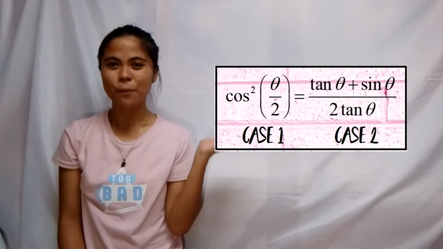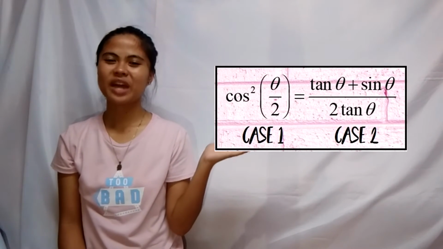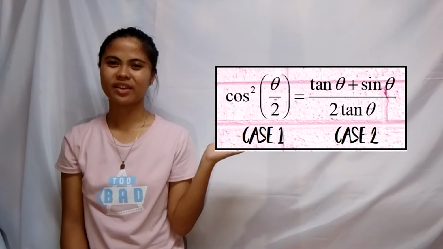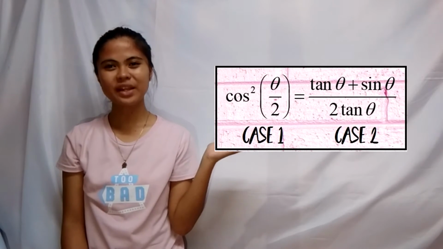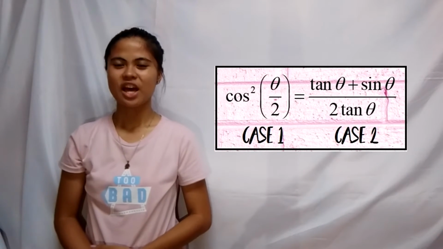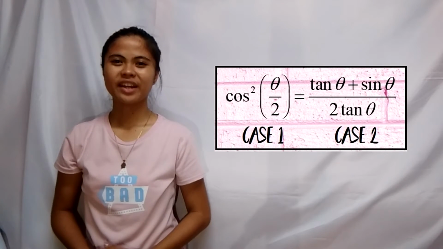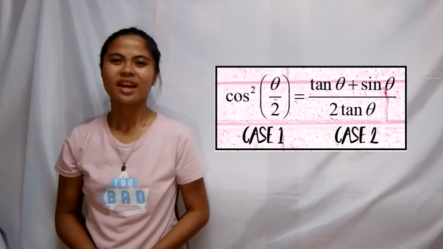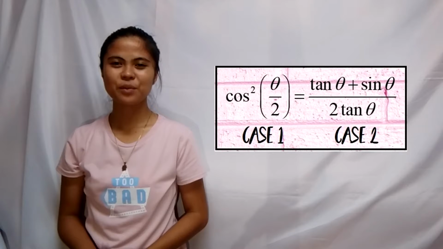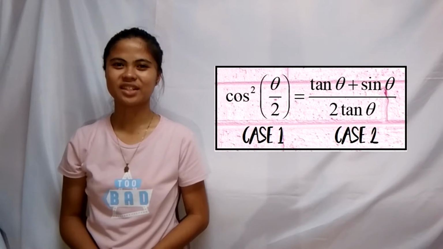Before we start proving, we have to choose which side of the equation is complicated. If the left side is more complicated, then we choose case number 1, which is to manipulate the left side of the equation. If you find the right side more complicated, then you choose case number 2, which is to manipulate the right side of the equation.